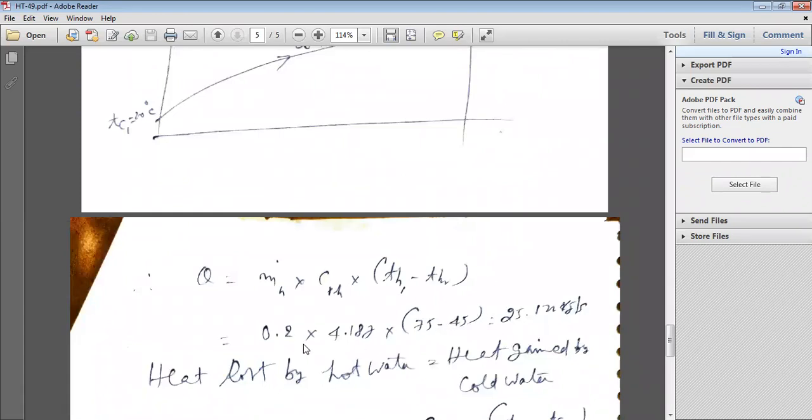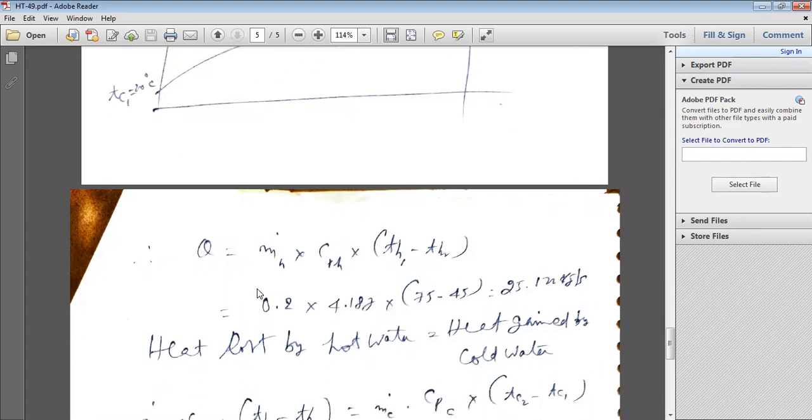So 0.2 into 4.187 into 75 minus 45, that's 30. Then you'll get 25.12 kilojoules per second, or kilowatt. Because it is 4.187 kilojoules, that's why the heat transfer rate is in kilojoules per second.